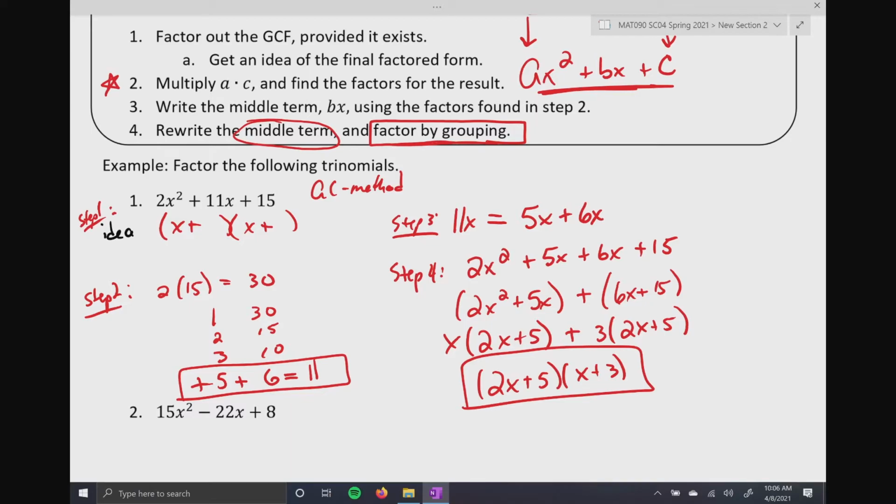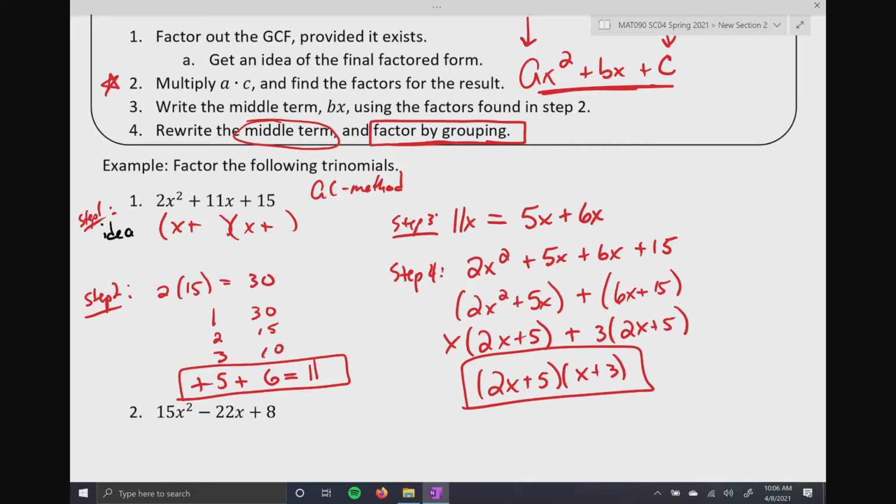And if you notice, I'm basically going through the same procedure that I did in the previous section. I got an idea, I find the factors, and then I want them to combine to give me the middle number, that middle term. The only difference here is I'm going to rewrite that middle term. So instead of writing 11x, I'm going to write 5x plus 6x.